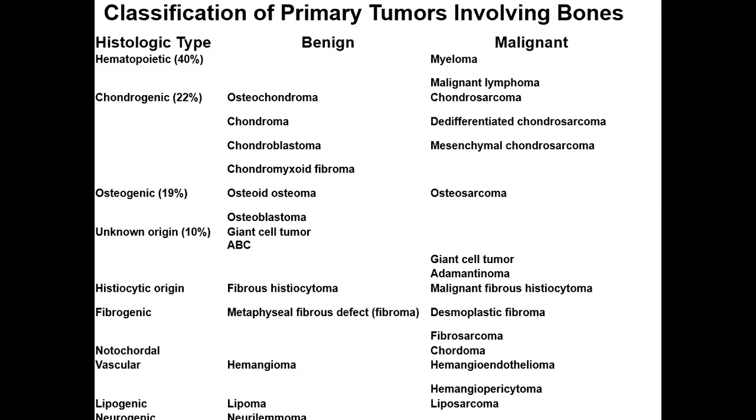For example, bone forming tumors, cartilage forming tumors, tumors of unknown origin, histiocytic origin, fibrogenic, notochondral, vascular, lipogenic, neurogenic. So let us start with the discussion of these tumors one by one, which are more important from the clinical viewpoint and university examination.